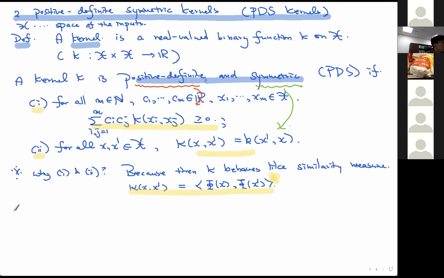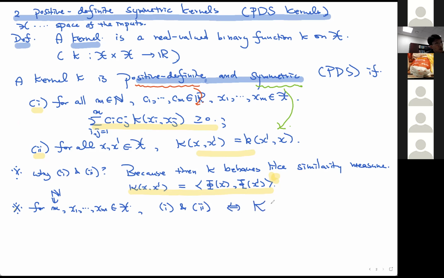So then for fixed M, and then x1 up to xm, then 1 and 2, with respect to this specific m and x1 up to xm, can be phrased by saying the following matrix.